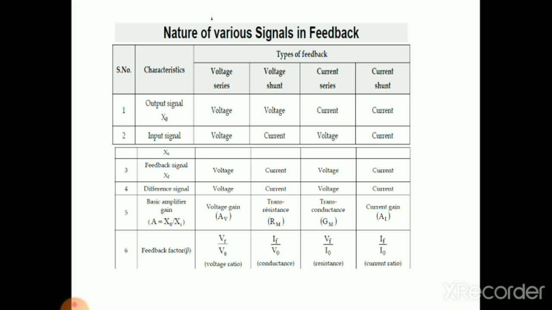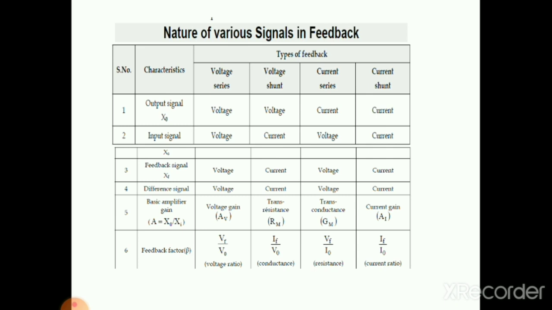For voltage shunt, we have feedback signal, current, and output signal V output. So I by V, we get conductance. And for current series, third type, feedback is voltage Vf, and the output is current, Vf by I naught, that is resistance.